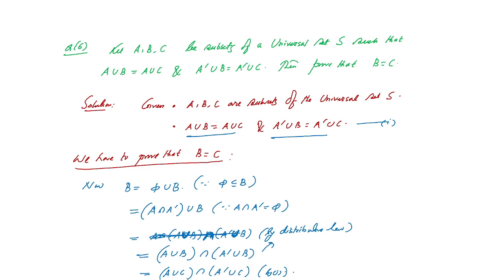Again we apply the distributive law. So what will we get? We will get A intersection (A complement union C). And again A intersection A complement will be phi, union C, as phi is an empty set, and that will be C. So what have we proved here? Therefore we have proved B equals C. And here our proof is done.